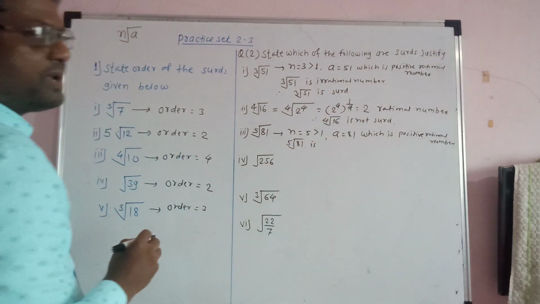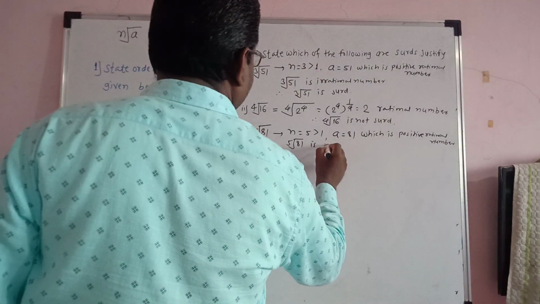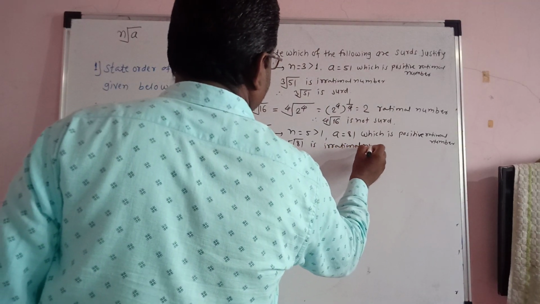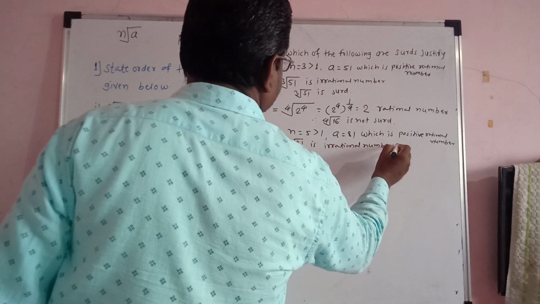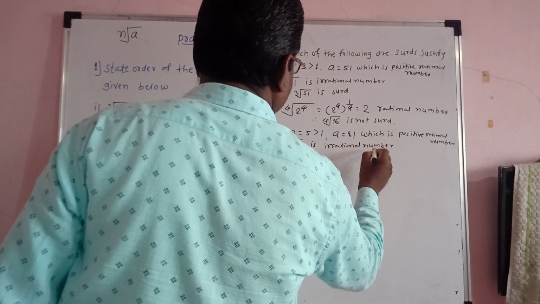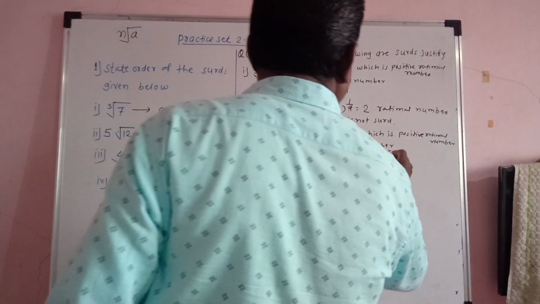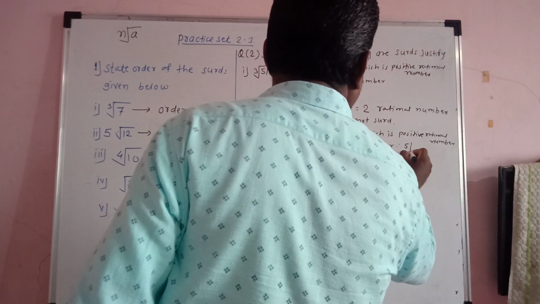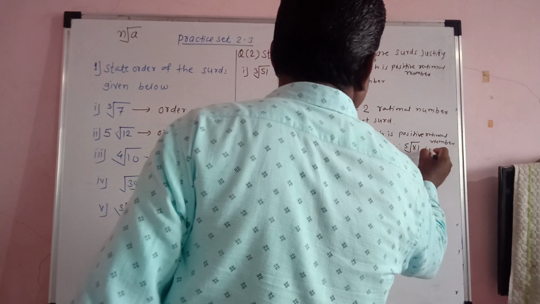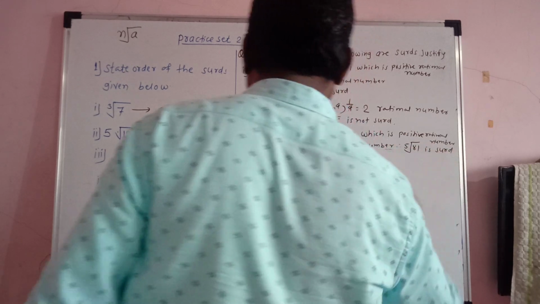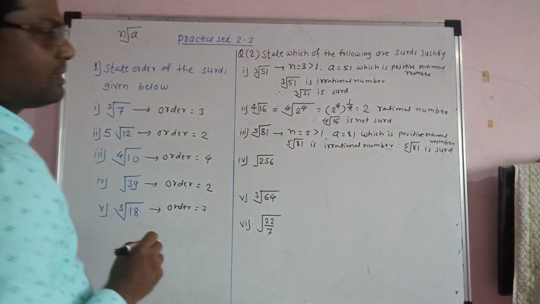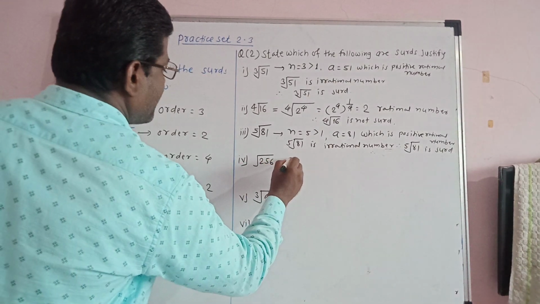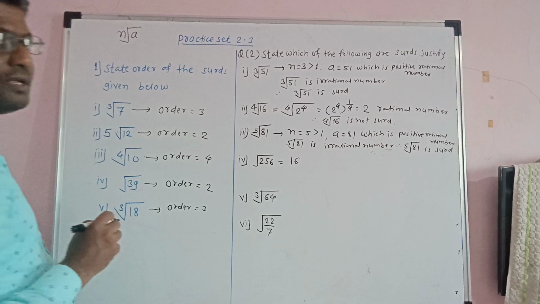Therefore fifth root of 81 is an irrational number. Therefore fifth root of 81 is a surd.